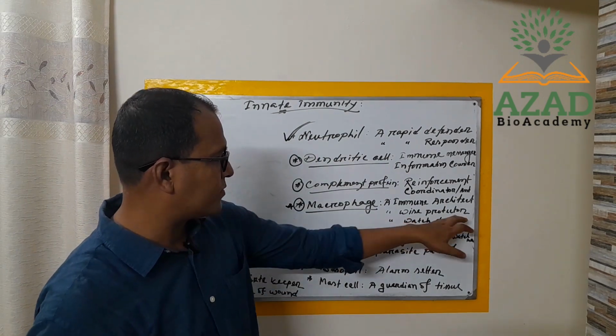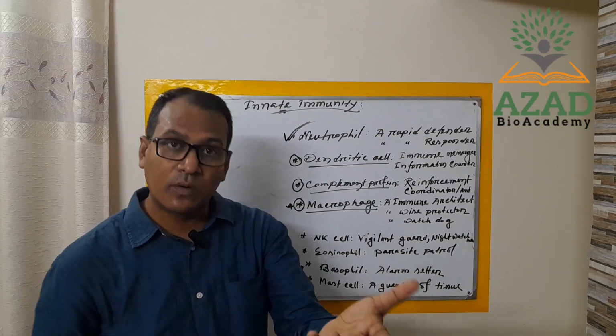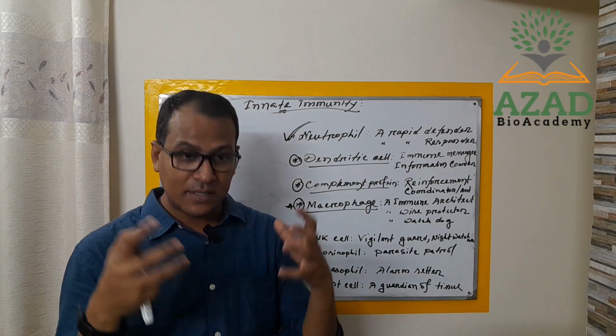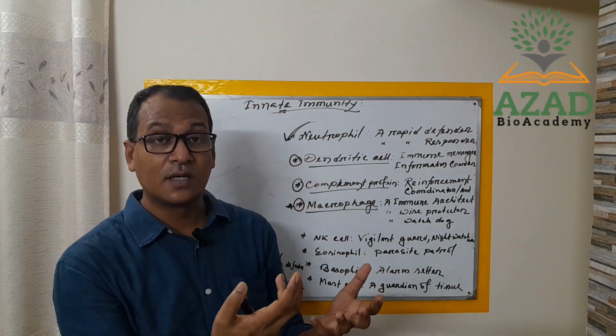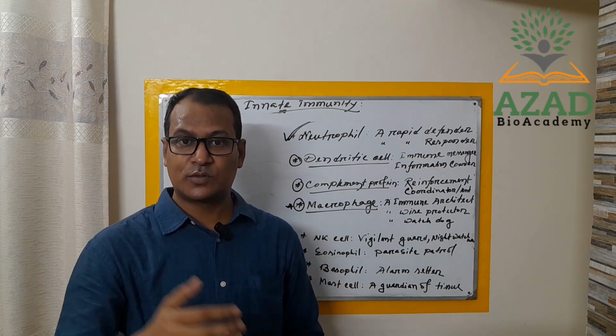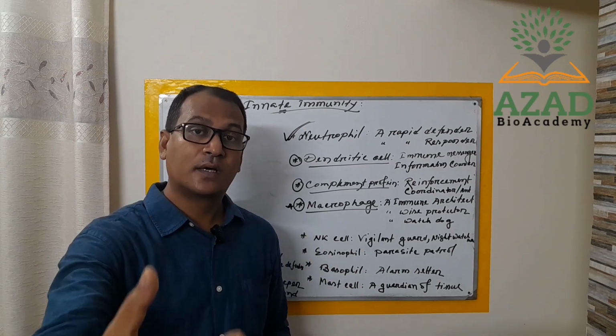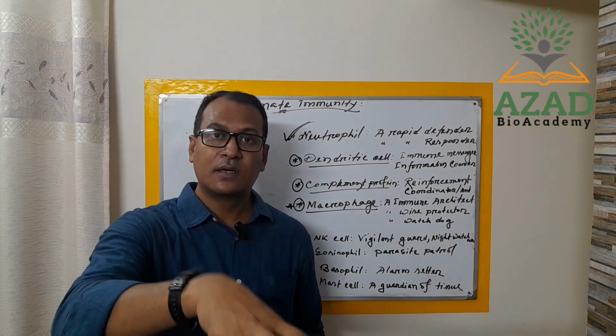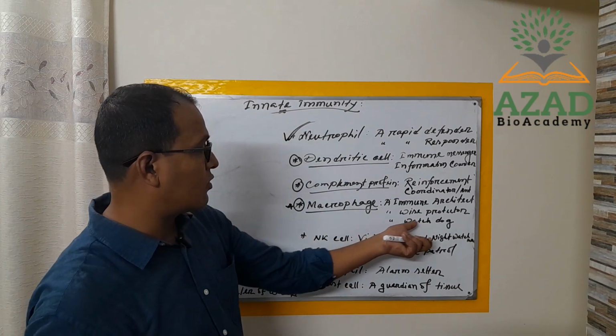And that is the wise protector. Wise means the knowledgeable person. So the macrophage has the knowledge to make a plan for how your immunosystem will attack or manage the microorganism. And then you can say watchdog.